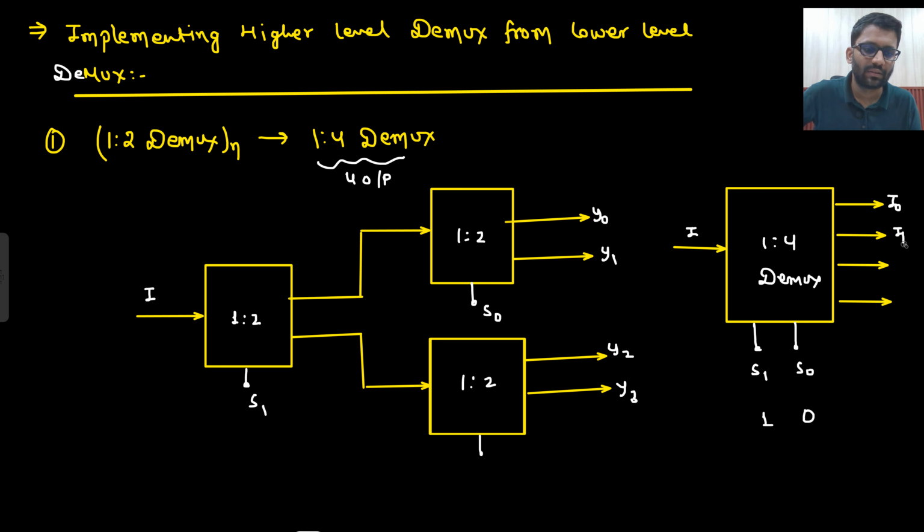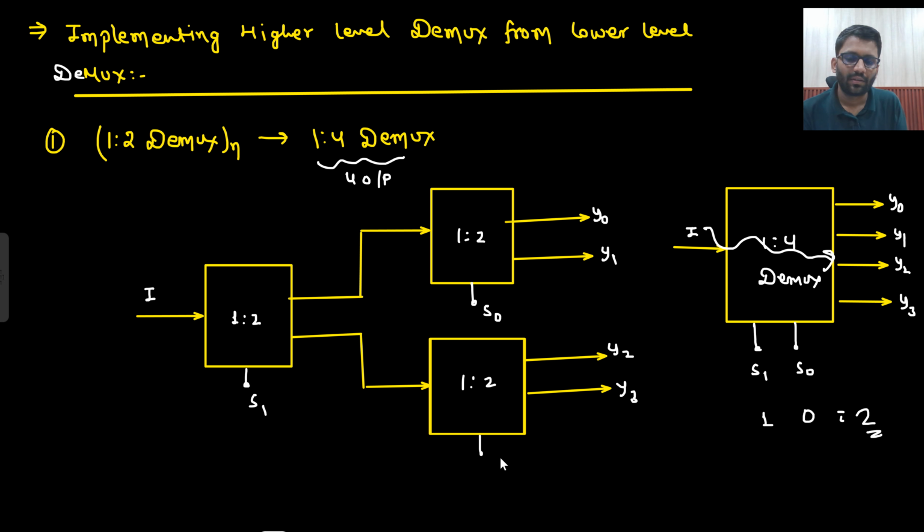If S1 equals 1 and S0 equals 0, I would expect this information to go here, because this is decimal equivalent 2, so my I would go here. This is what I would have expected, right?